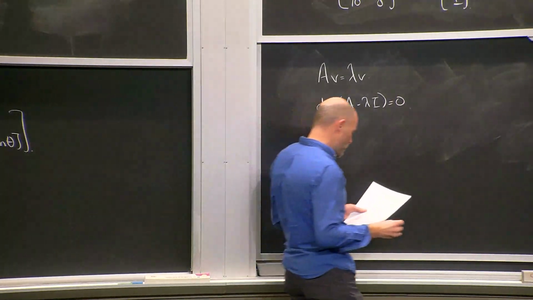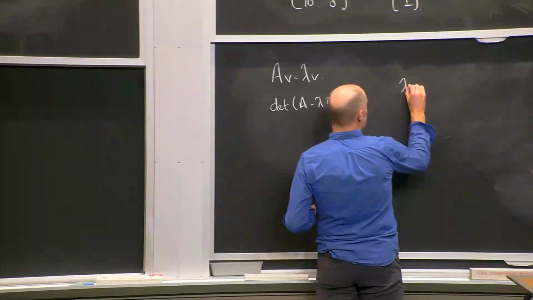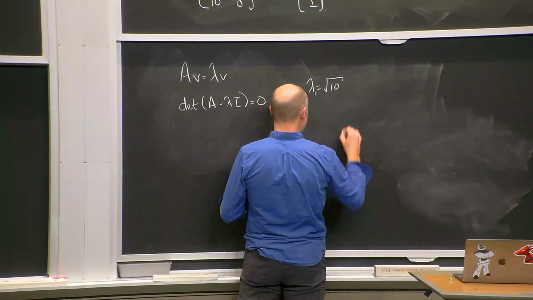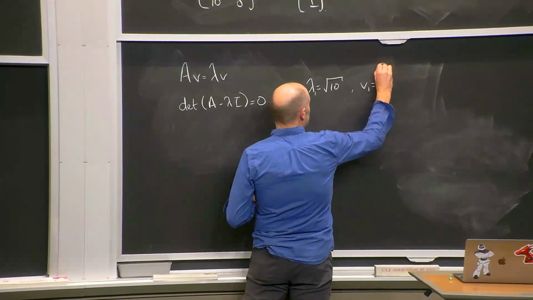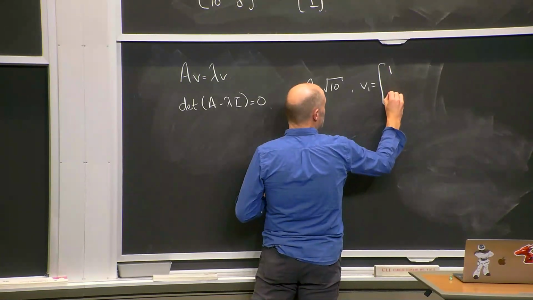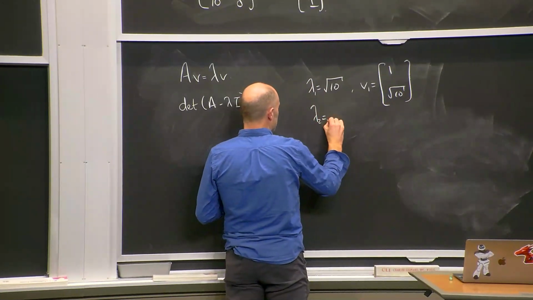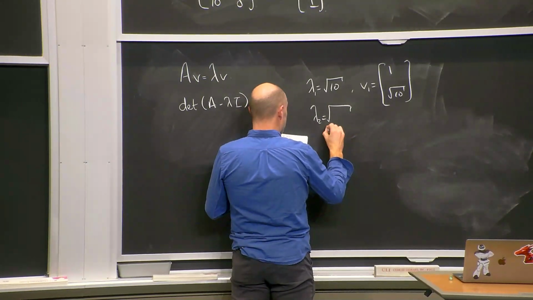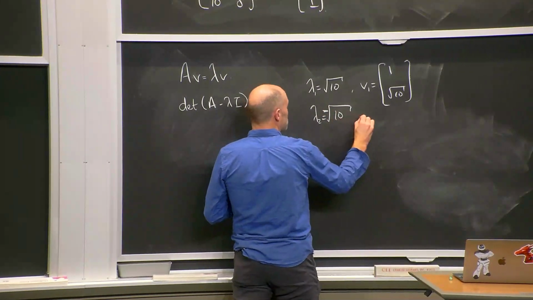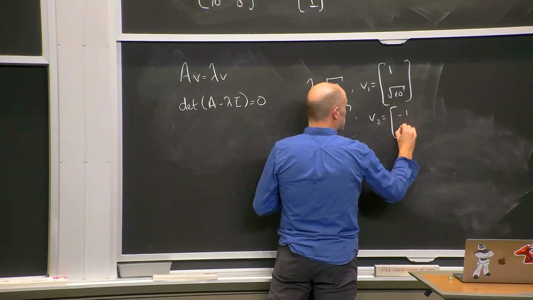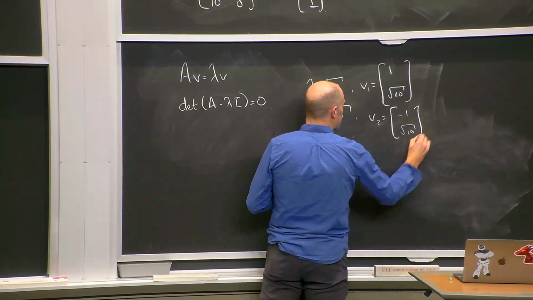If you crank it through, you'll see that this system has two eigenvectors and eigenvalues. They look like lambda 1 is square root of 10, V1 is 1, square root of 10. Lambda 2 is negative square root of 10, V2 is negative 1, square root of 10.